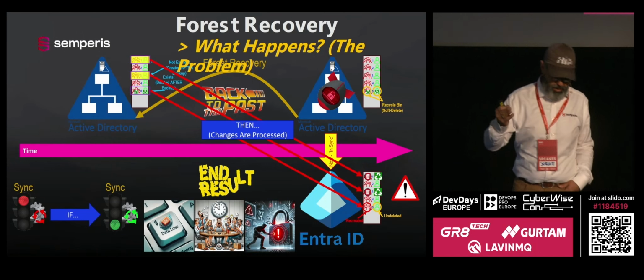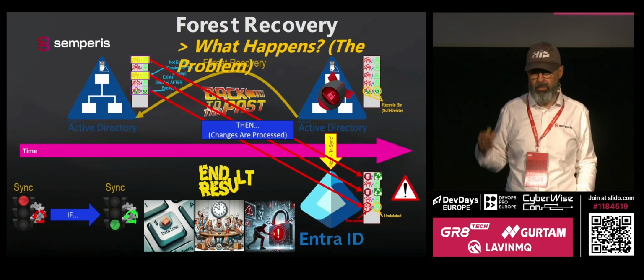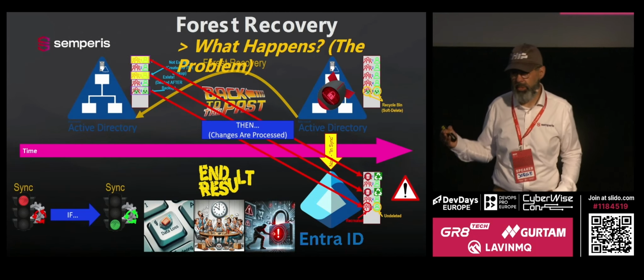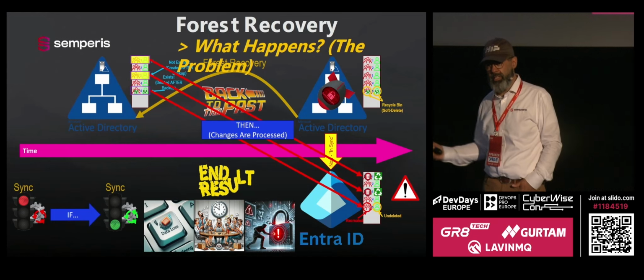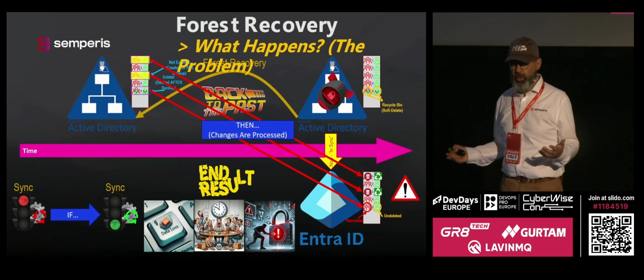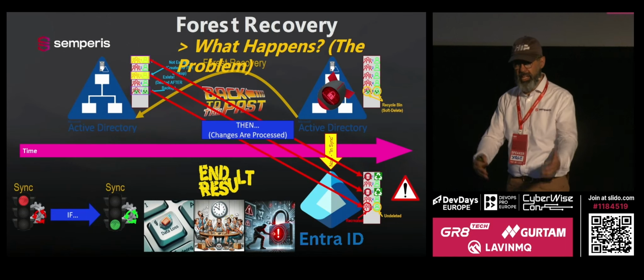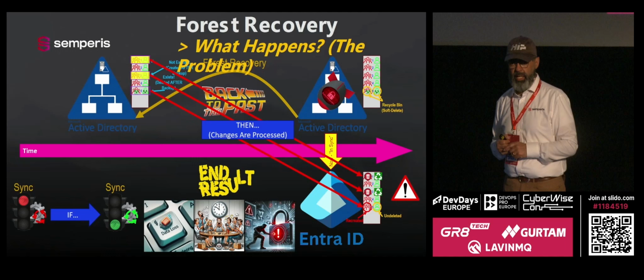And users that are happily working, obviously not against your Active Directory or systems connected to your Active Directory, but talking about systems connected to Entra ID, they are working, and suddenly out of nothing, they can't work anymore. Because, for example, those users were created or provisioned after the backup.